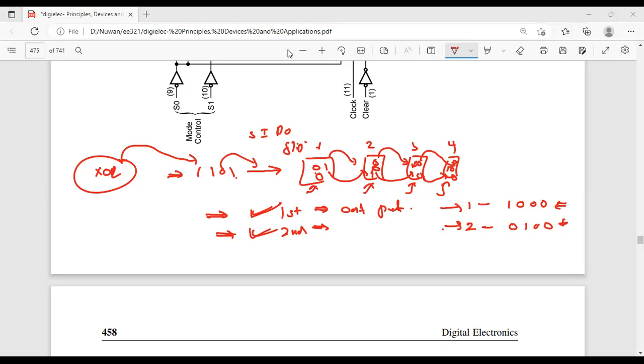I couldn't understand your question. So you are asking about this one, about the register, or another question? You are asking a question related to the registers.